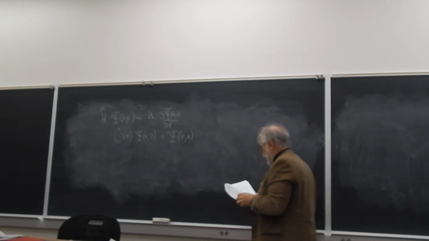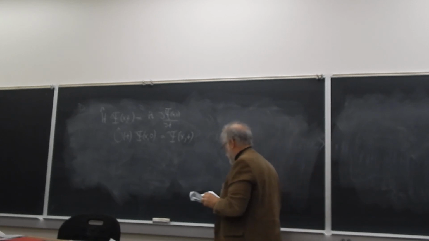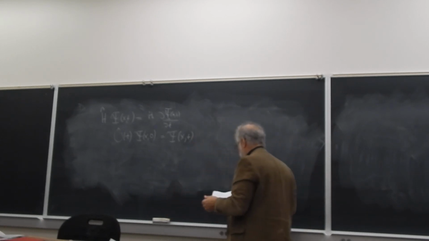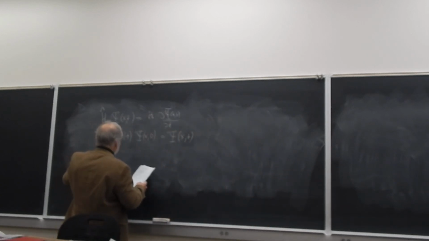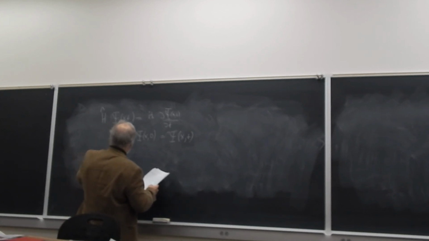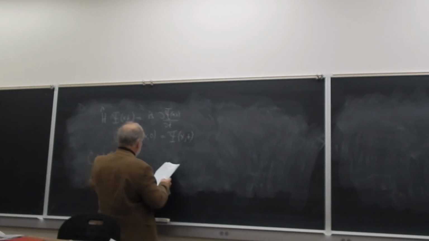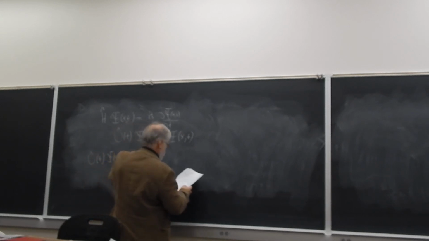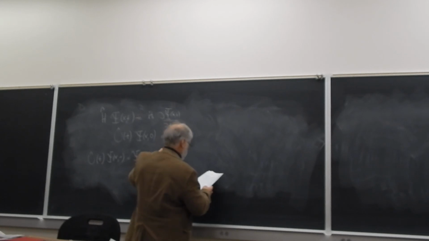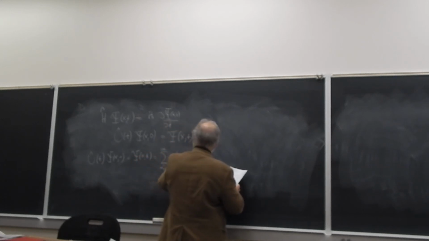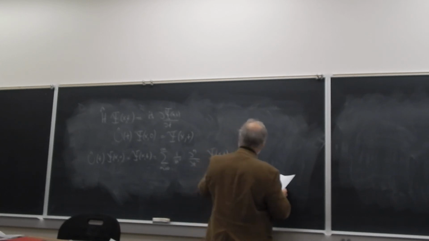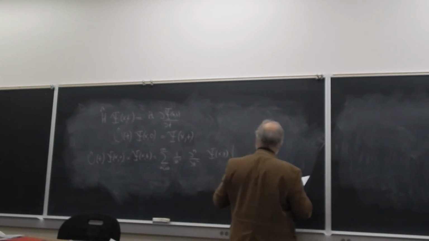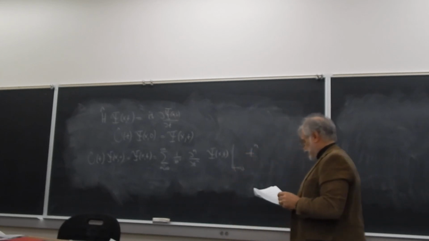Well, it's easy to express U of t in terms of the Hamiltonian, especially if the Hamiltonian is not a function of time. We'll just use the Taylor series. So I can write U of t psi of x, 0 equals psi of x and t as the sum over n equals 0 to infinity of 1 over n factorial, d^n dt^n of psi of x and t, evaluated at t equals 0, times t to the n.